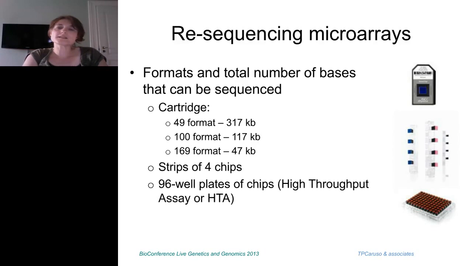More recently, the strips of 4 chips have been proven to actually work and support resequencing. And those, as well as the 96-well plates of chips, actually require different equipment than the traditional cartridge variety. So there are some choices that you have to make if you decide to go this way as to what your throughput's going to be.